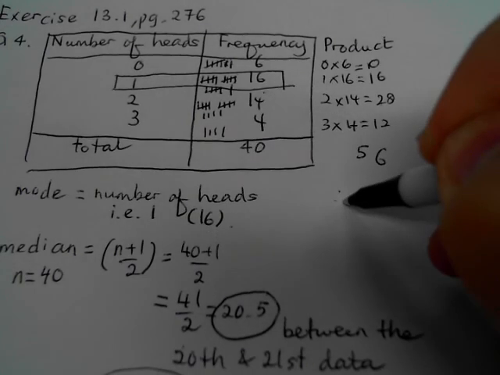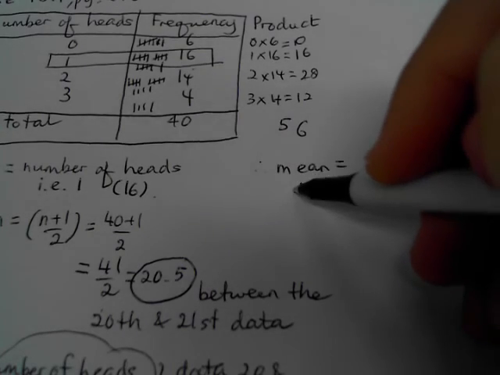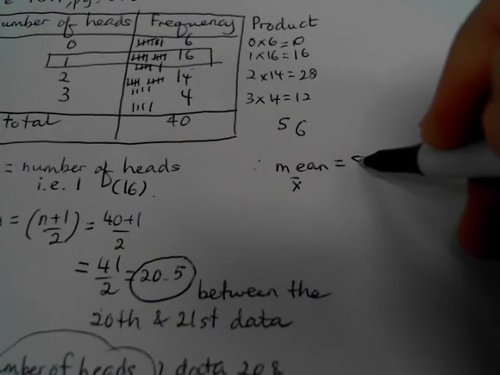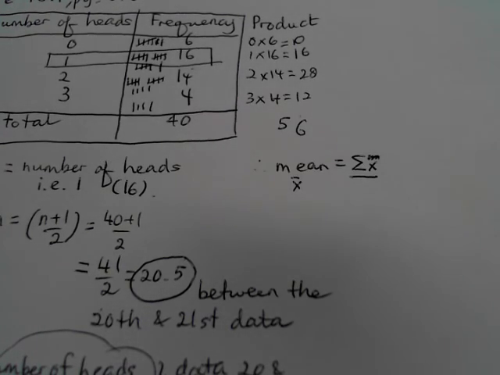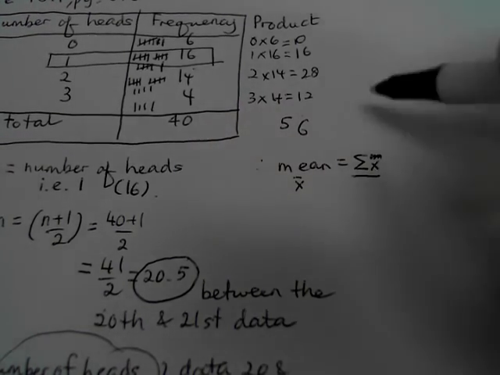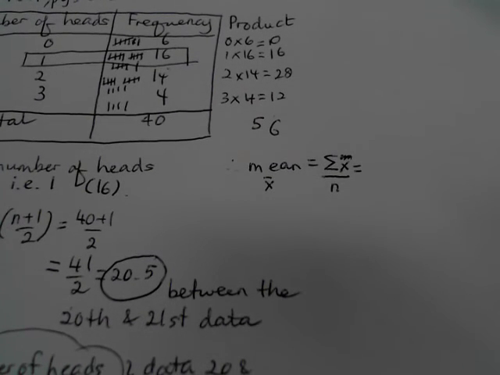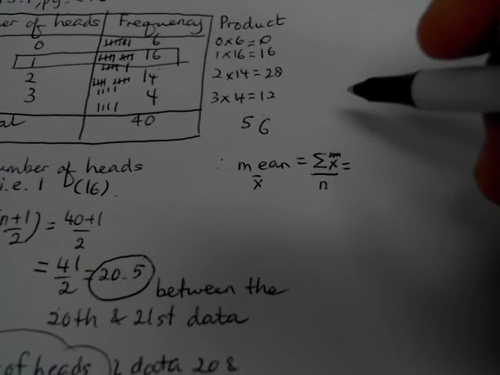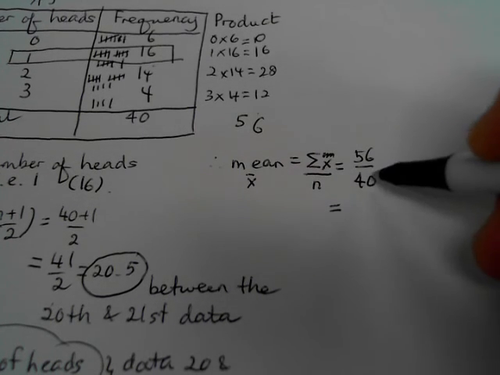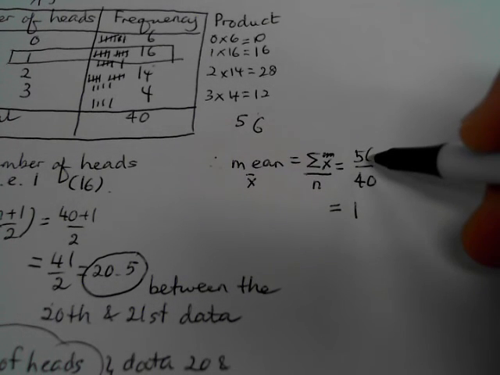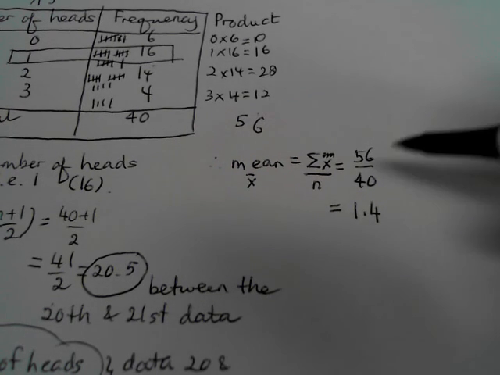Okay, so therefore the mean is represented by the special x bar. The sum of the data is actually 56 from the products that we have multiplied. And of course, the number of data that we have is 40. So 56 divided by 40 will give you 1.4.